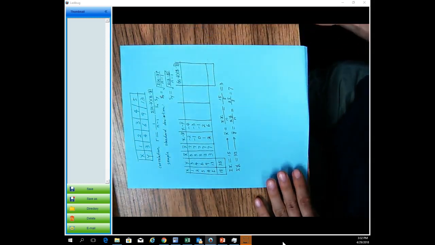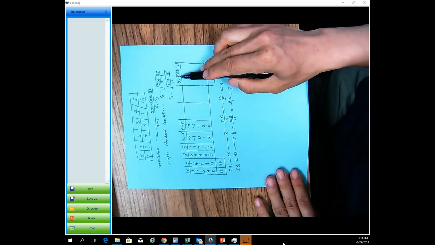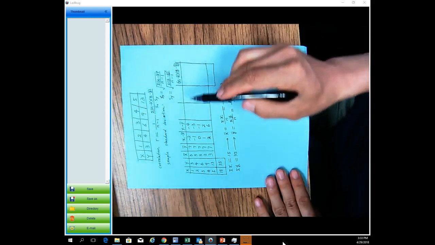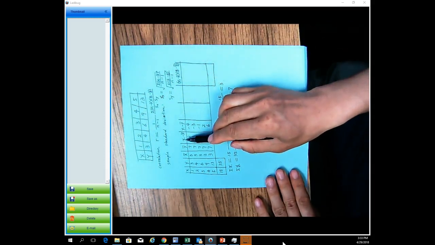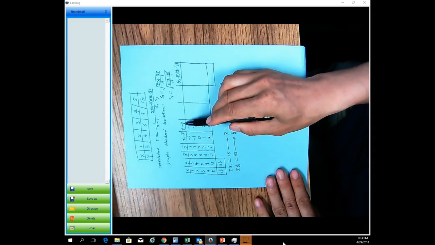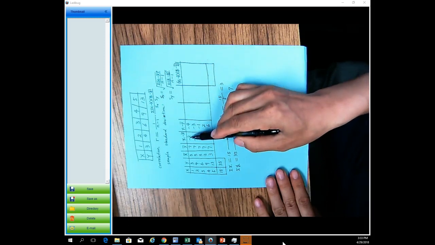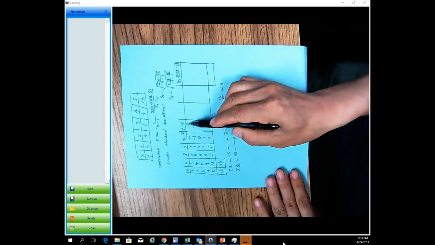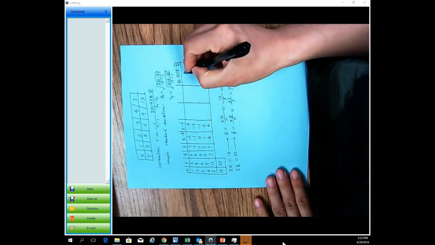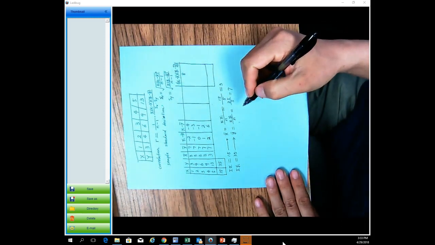Okay. So xi minus x bar, yi minus y bar, basically it's going to be the xi minus x bar column times the yi minus y bar column correspondingly. So the first number will be -2 times -4. So negative becomes positive, and 2 times 4 is 8. So that's the first number.